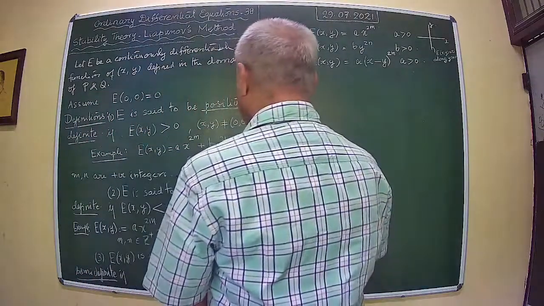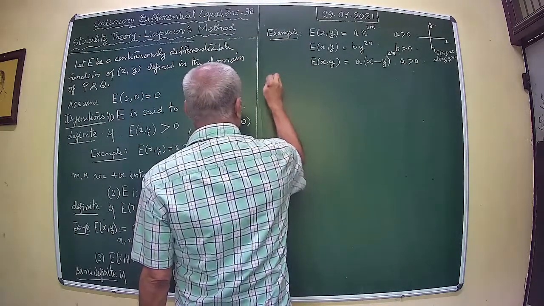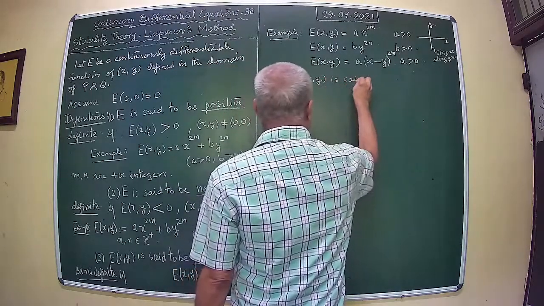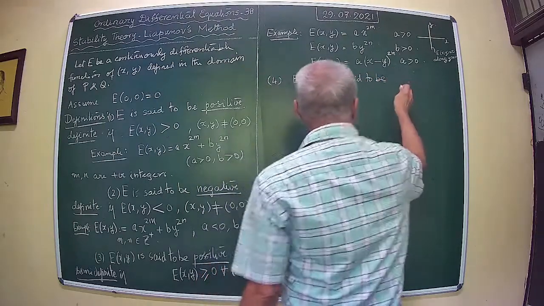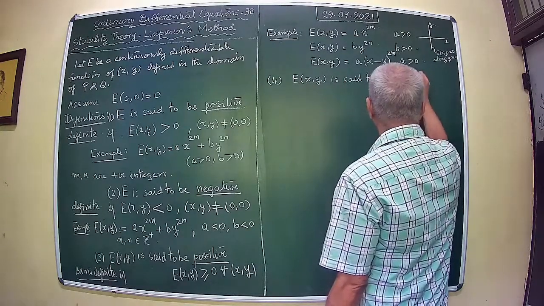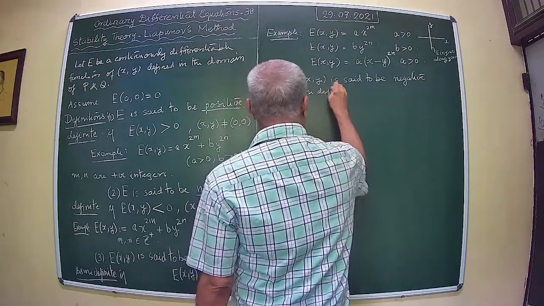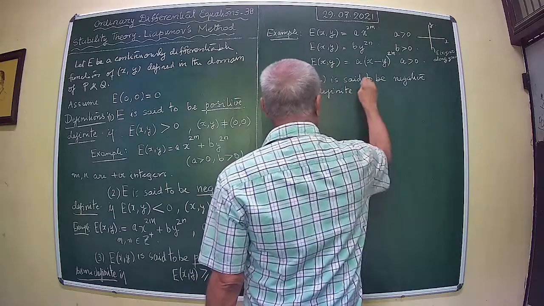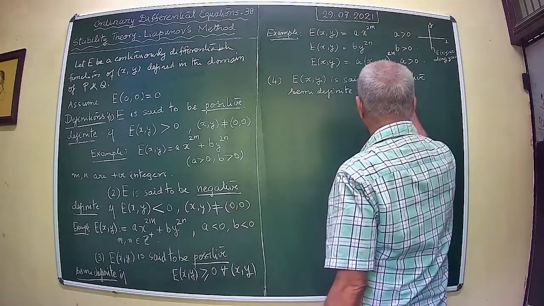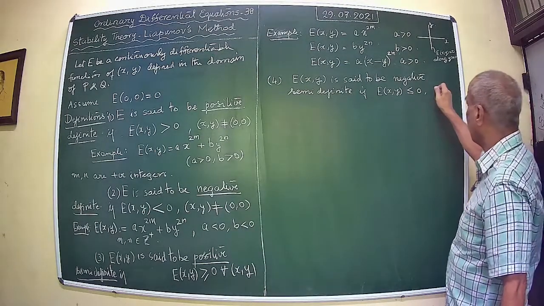Likewise, okay, E(x,y) is said to be negative semi-definite if E(x,y) is less than or equal to 0, and of course we take E(0,0) equal to 0.